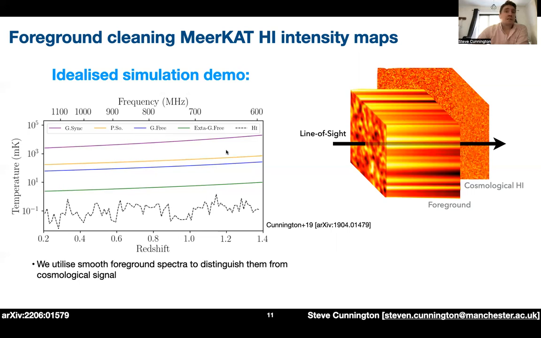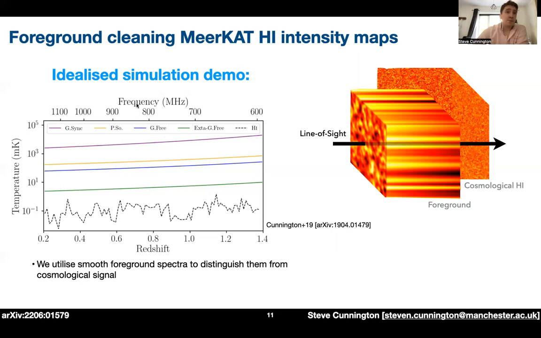The way we do this, as you'll also notice from this plot, is that the foregrounds have a continuum spectra, so they're very smooth through frequency, unlike the cosmological H1. We can utilize this in a foreground cleaning. So we use a blind component separation technique based on principal component analysis.